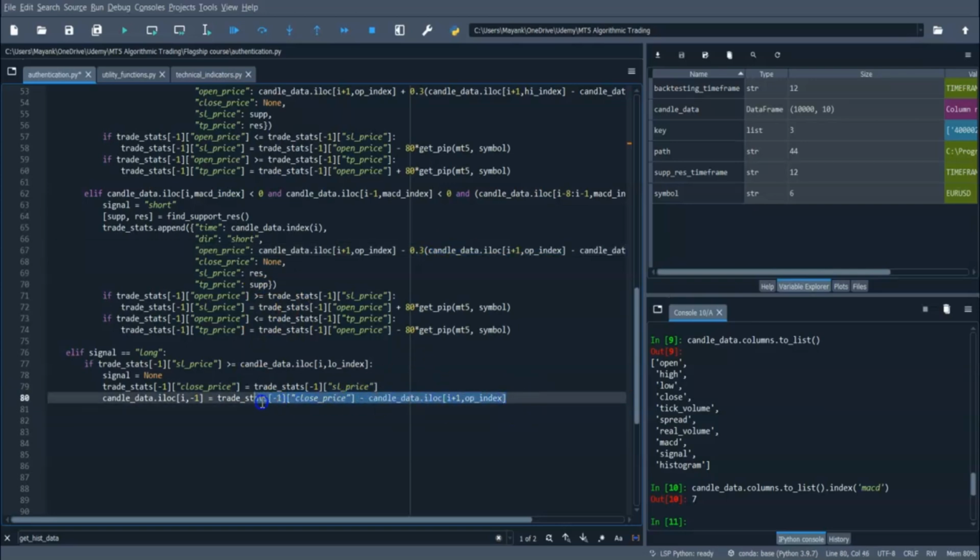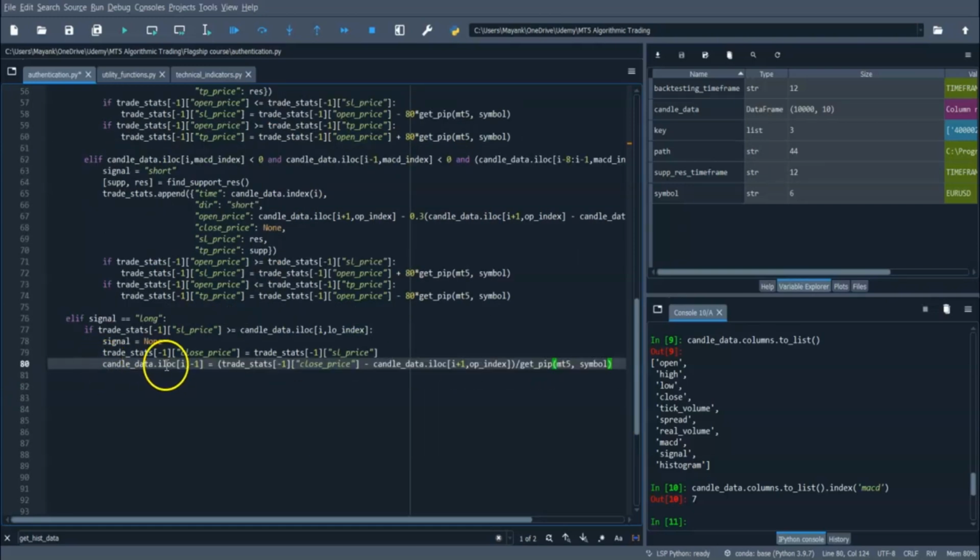But this will give us the values in decimals. We don't want that. We want to talk in terms of pips. So that is easy to convert. You just take whatever difference you get and divide by the pip value for that particular symbol. Just use the getPip function and divide this difference by getPip. So we've got the return.